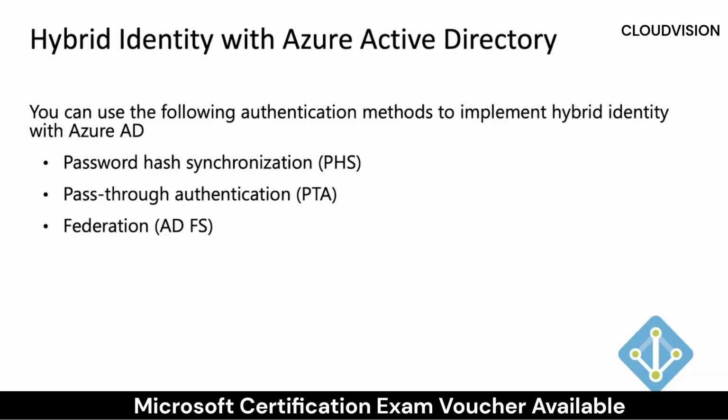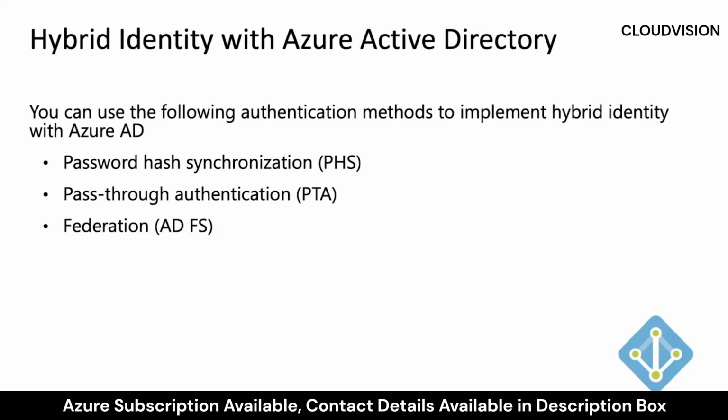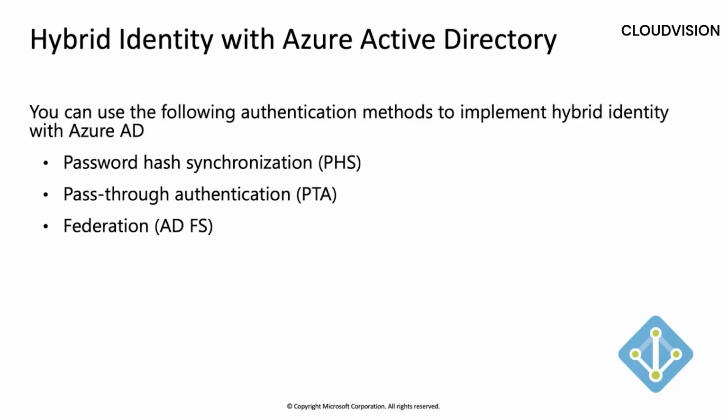So Azure AD Connect can be configured as Express or Advanced Custom, which gives you the flexibility to pick and choose the authentication methods. Otherwise, if I go with the Express setup, it uses PHS, password hash synchronization, by default. But if you go with the custom advanced setup for the Azure AD Connect, it gives you the flexibility to pick and choose your different authentication methods as well.